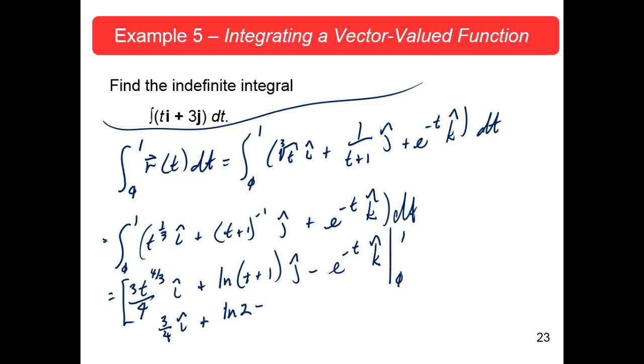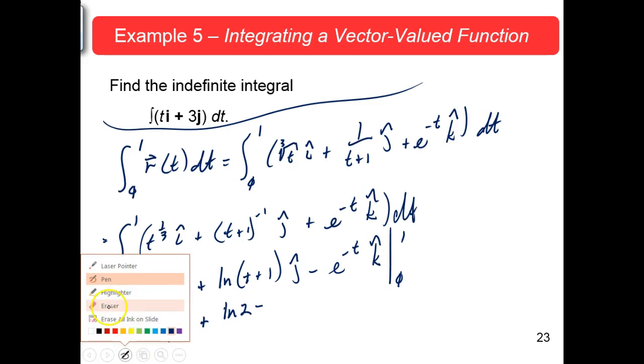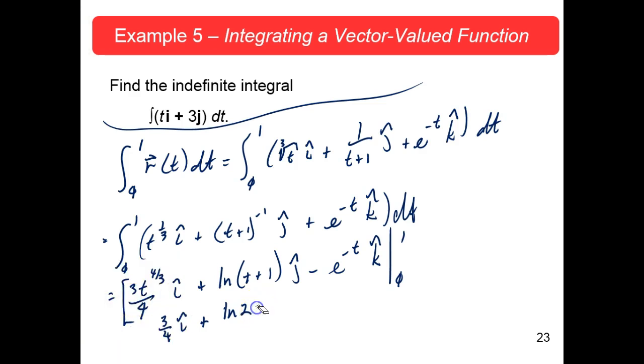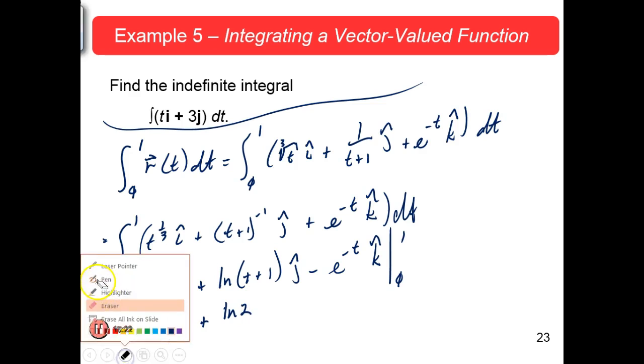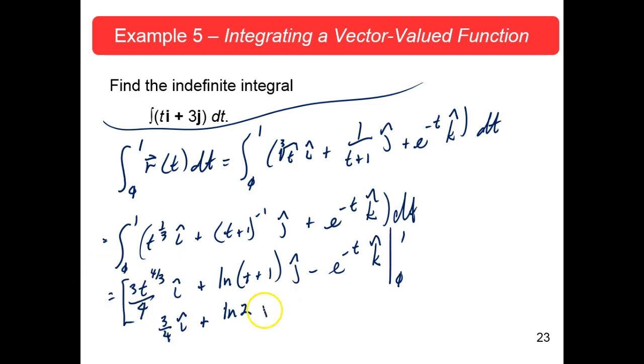0. Okay, so that's 0. So this one also has a 0 component, but not for the reason the other one did. Okay, so that's just log 2j minus e to the negative 1.